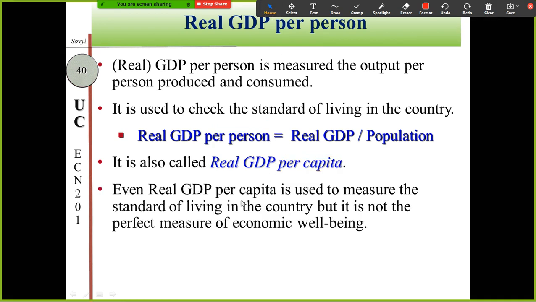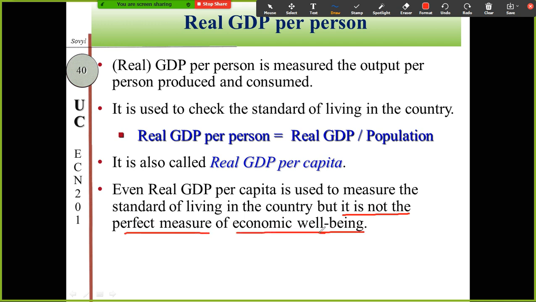Even though real GDP per capita is used to measure the standard of living in one country, real GDP per capita is not a perfect measure of economic well-being. What does economic well-being mean? It means economic being well.